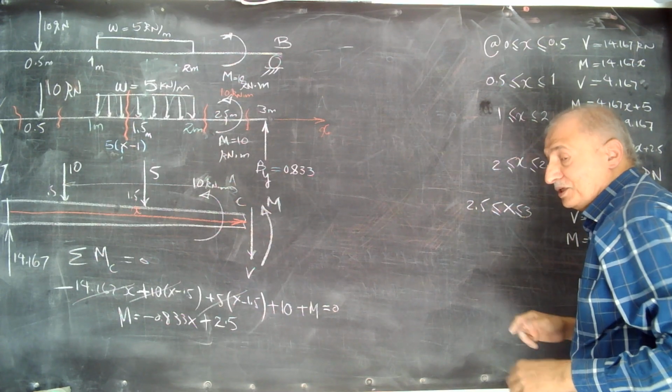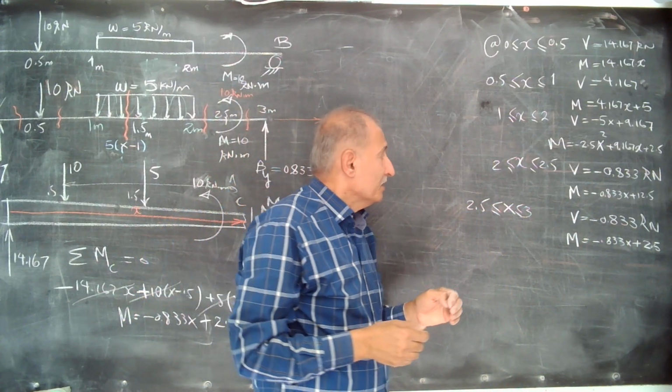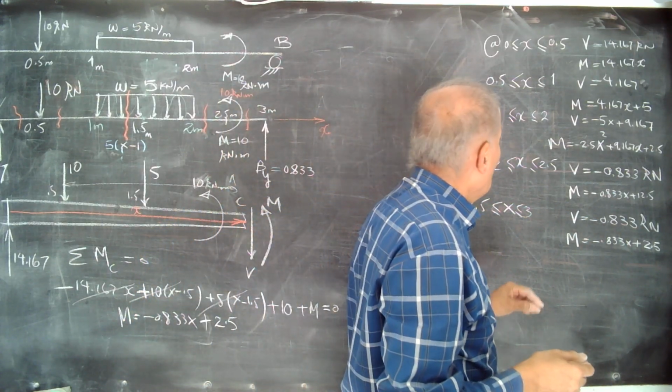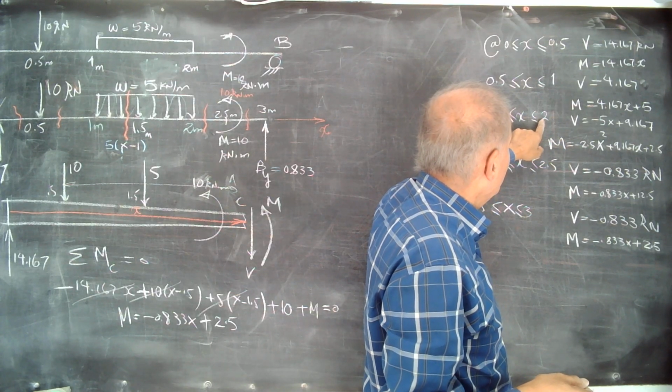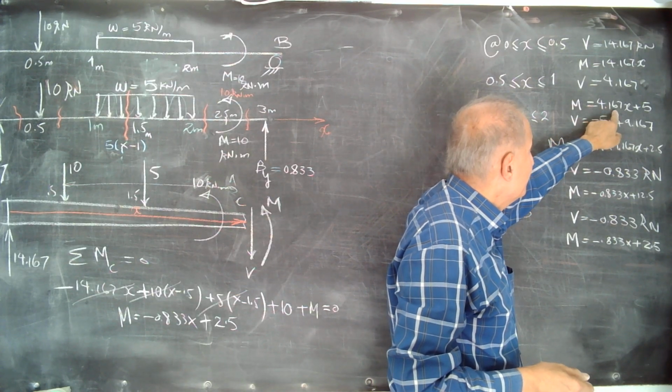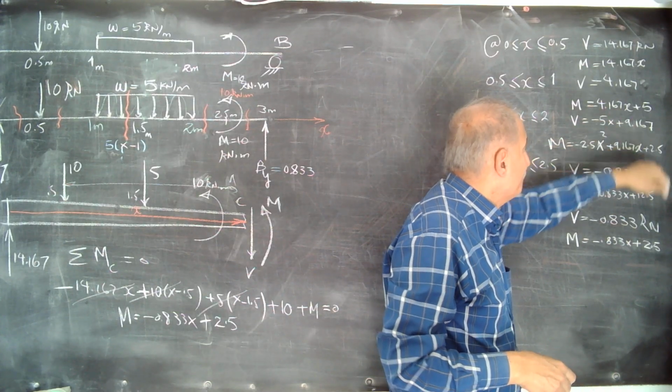You will see you didn't make a mistake here because you check them at the common points. For example, between these two, if you put 2 here, it is 2 times this, something like 8 plus 5.